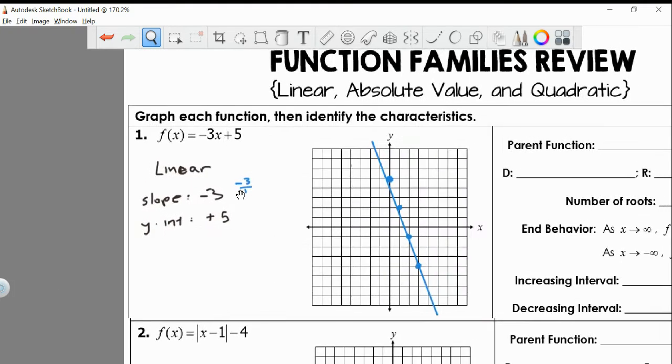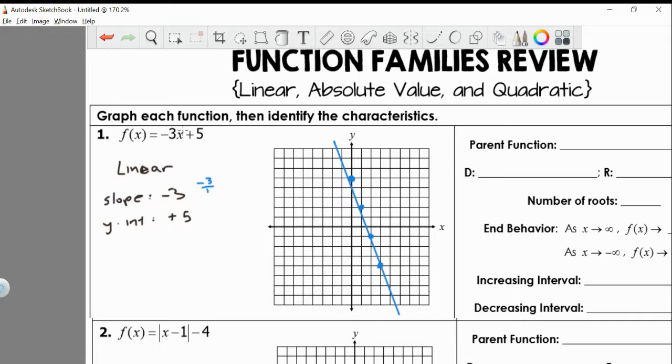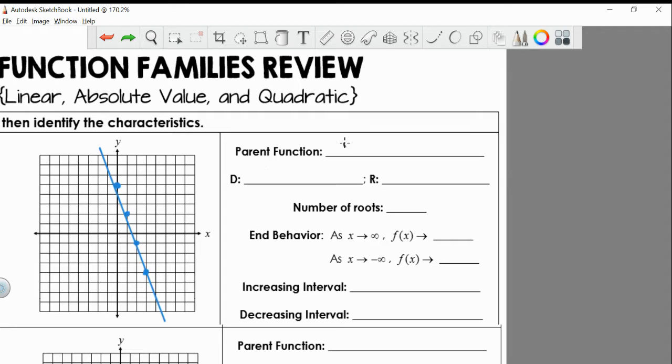And so if we look over here, the slope of -3, we're going to have to lose that. The 5, we're going to have to lose that. We're basically going to lose all the numbers, okay? And so a parent function, especially for a linear graph, is really easy. It's just y = x, okay? The parent function is the simplest, most basic, original function that you get.